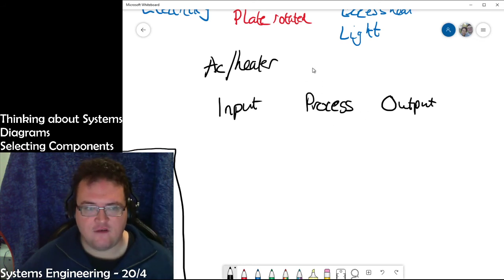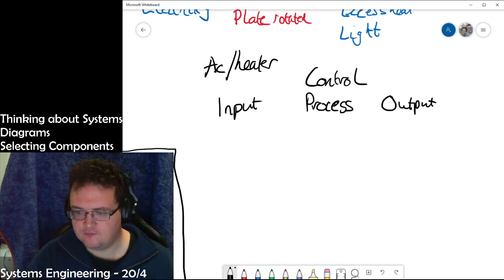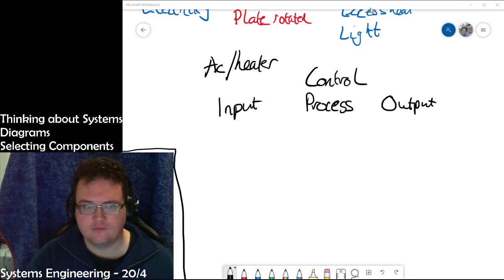But what do we have that sits over the top of all of this in terms of control? How is it being controlled? How is everything that's going on being controlled?